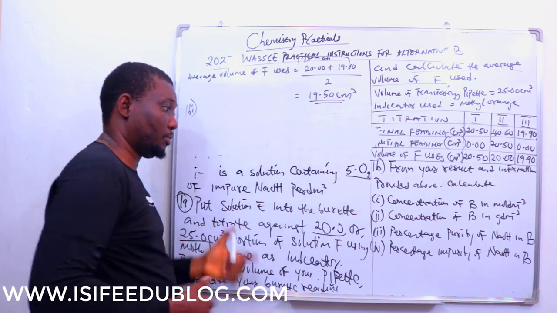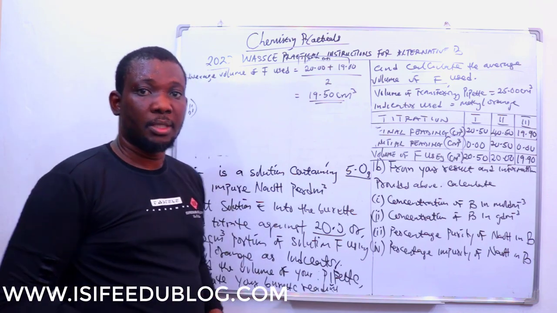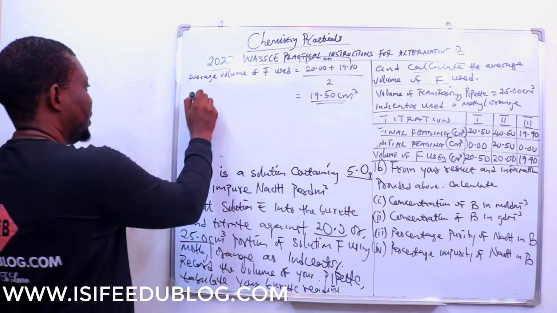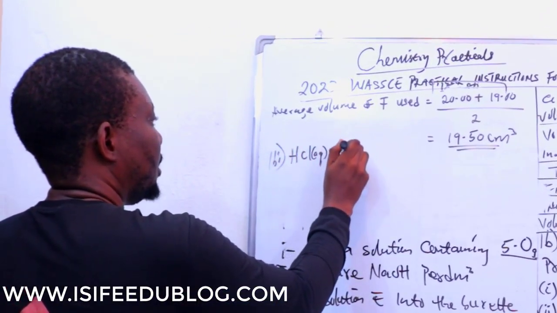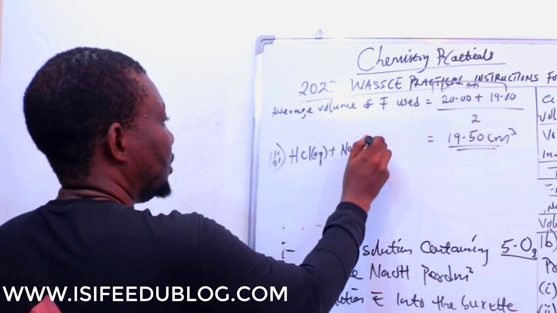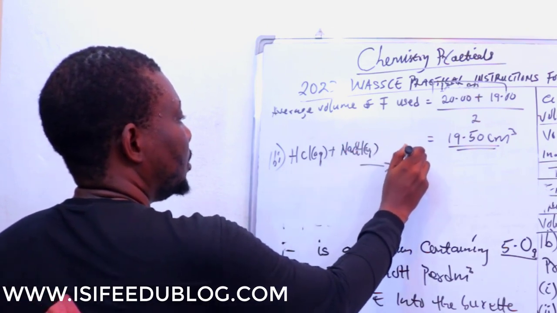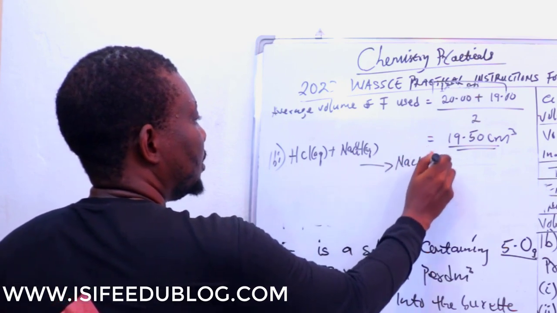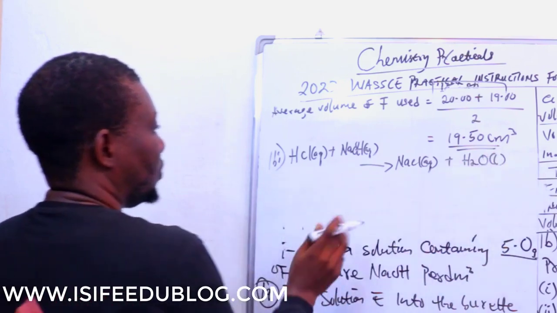So what you just need to do is to know the mole ratio of acid to base. So we have HCl aqueous plus NaOH aqueous, both reacting to form NaCl aqueous plus H2O liquid.